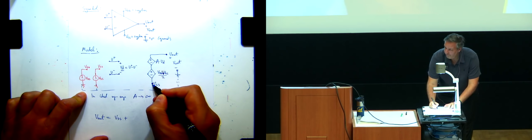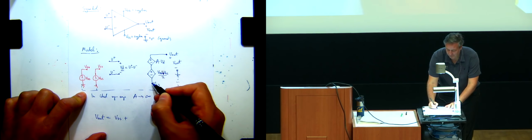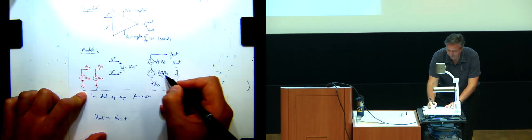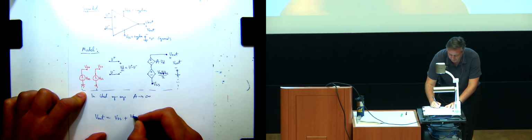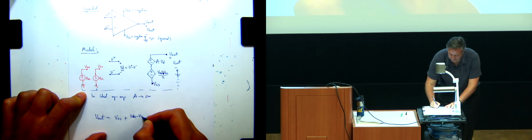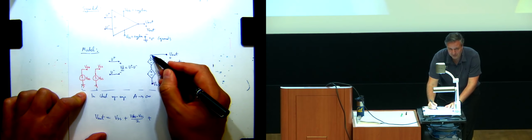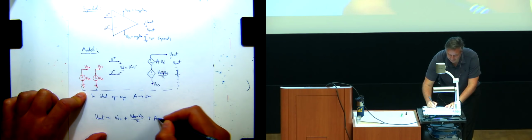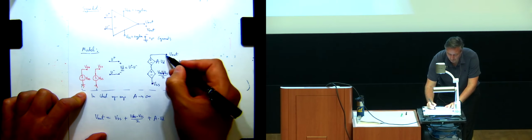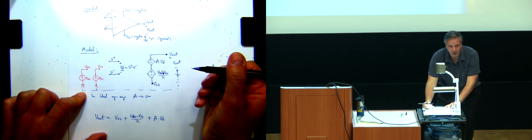Now we're here. Another voltage source up, that's VDD minus VSS over 2. Plus another voltage source up. That's A times VD. And we're at U out, right?